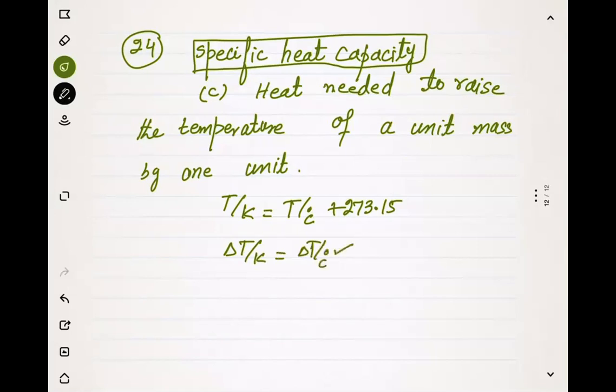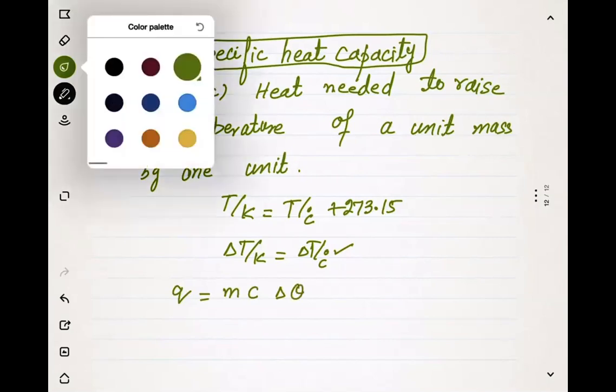So for change of temperature, we have the same units. For temperature, we have a different formula, and for change of temperature, the formula is the same. And a very famous formula for you in your O level was Q is equal to mc delta theta.